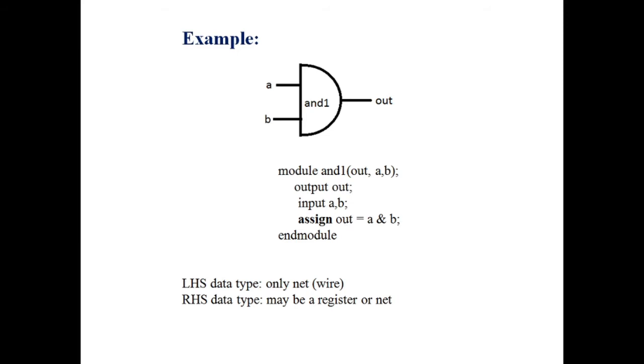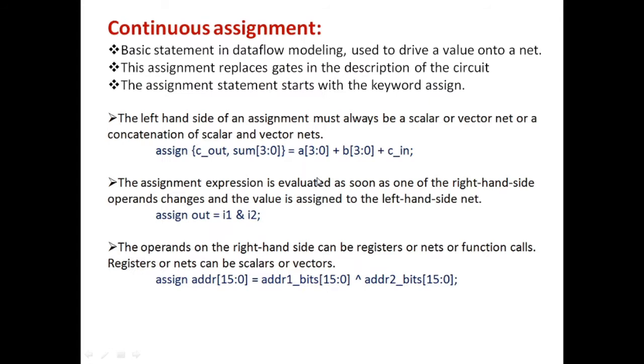So this assignment replaces the gates in the description of the circuit. Are you able to find any primitive gates in the definition of the module? Nowhere can you find one. So here the description of the circuit is at a higher level than the gate level. That means we are using data flow abstraction by using the keyword assign. So this is the thing you need to remember.